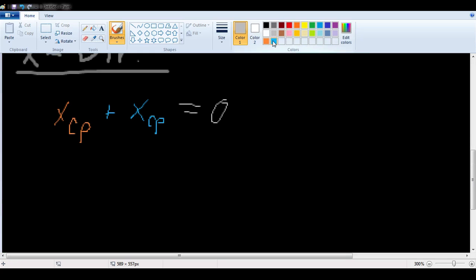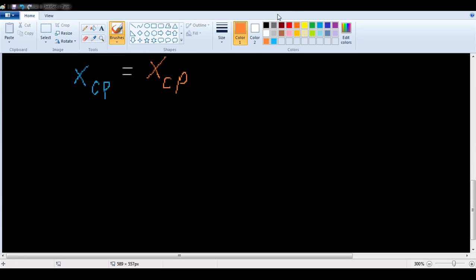We can change this around and say that because of this, the x component of F2 is going to have to equal the x component of F1.